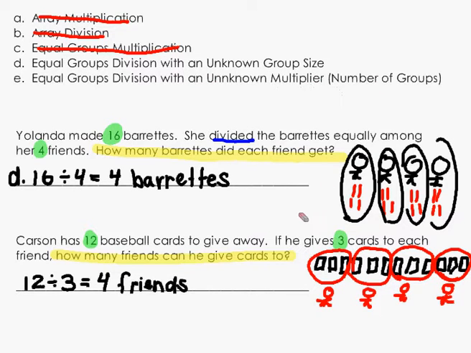Well, we knew that he gave 3 cards to each friend, so we know the group size. We didn't know how many friends he gave them to, so we didn't know how many groups of 3 there were. The answer is E. 12 divided by 3 equals 4 friends.